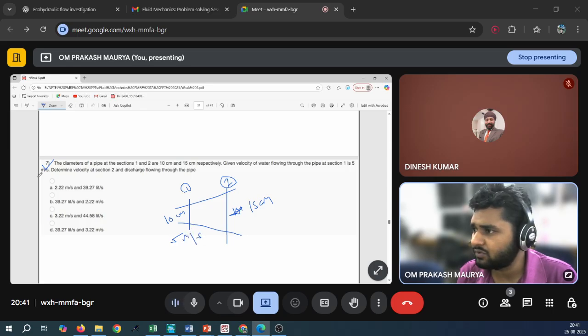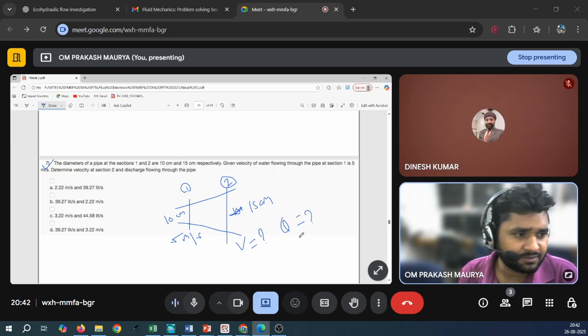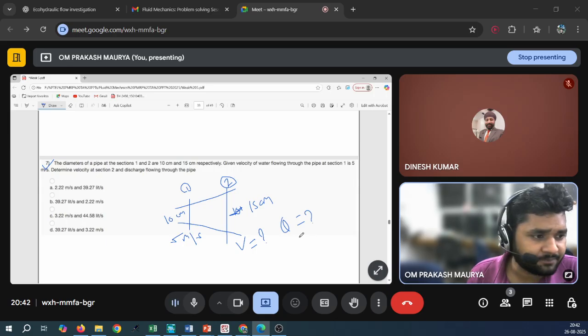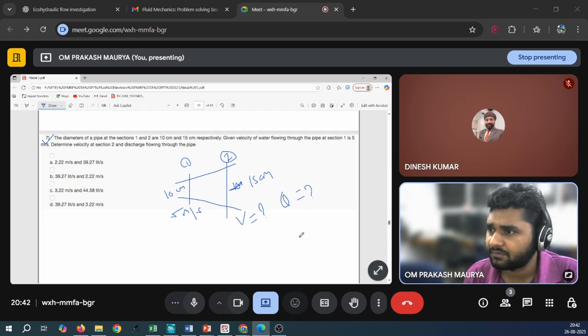Actually I don't have a pen today, so I am not able to write very clearly. You need to calculate the velocity at 2 and also the discharge. The discharge you can very easily calculate. Please, if you have your pen and copy, you can try within 2-3 minutes. Simple continuity equation you need to apply here. First you need to calculate the area.